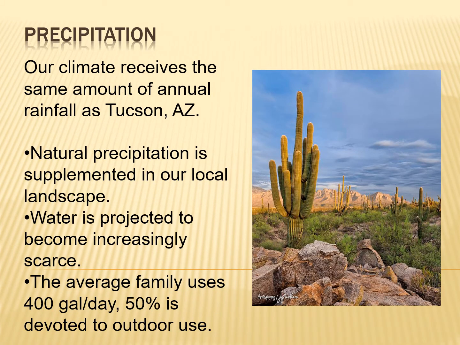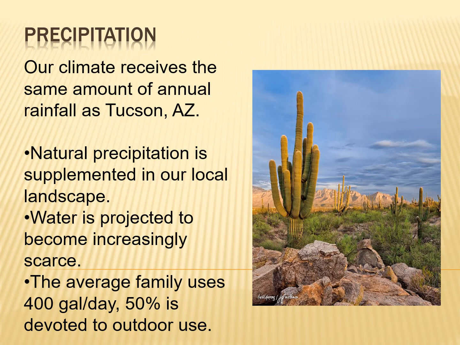It's interesting to compare our climate and our precipitation with Tucson, Arizona, because we receive about the same amount of rainfall as Tucson, but we have very different climates. Obviously, Tucson is hotter and drier. They're not subject to this wonderful coastal influence we have. Tucson also gets their rain twice a year.